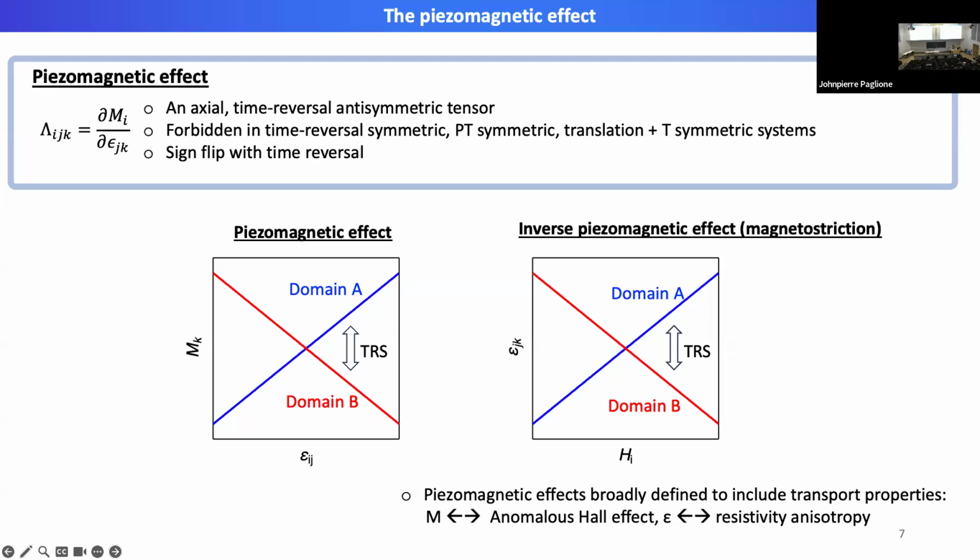Care must be taken when we think about transport properties as the piezomagnetic effect. I wanted to include this here to include a wider class of phenomena that we can think about from the framework of piezomagnetism.